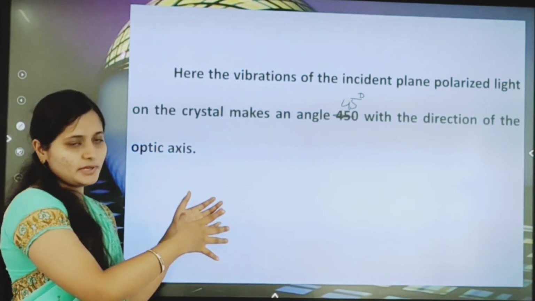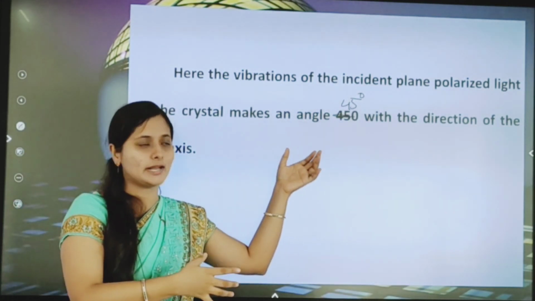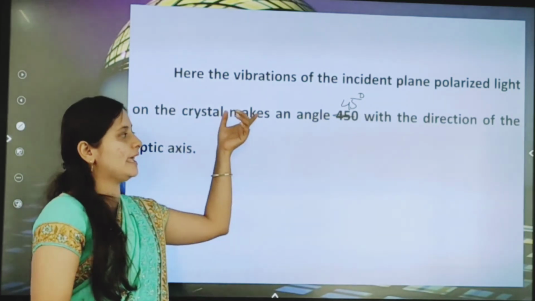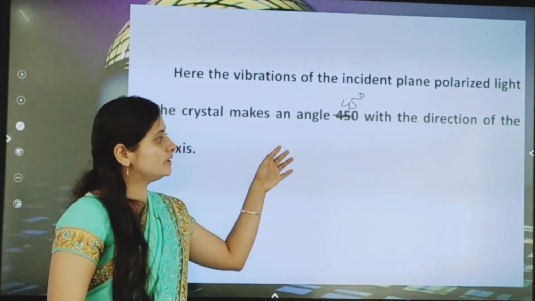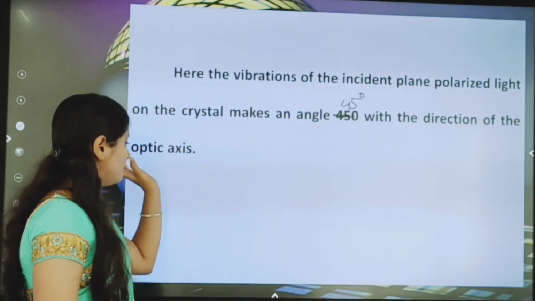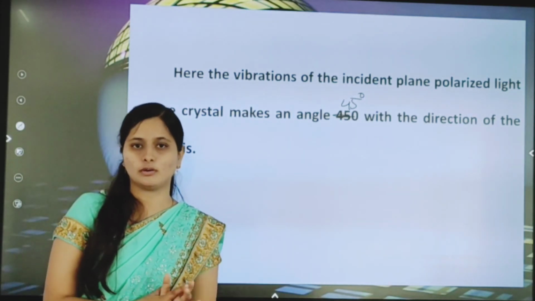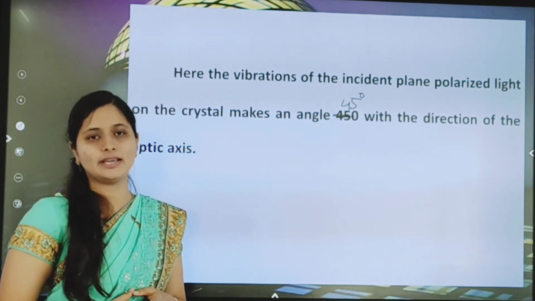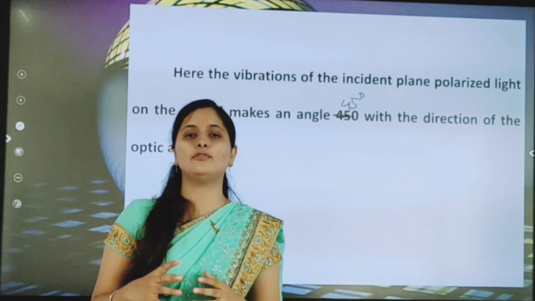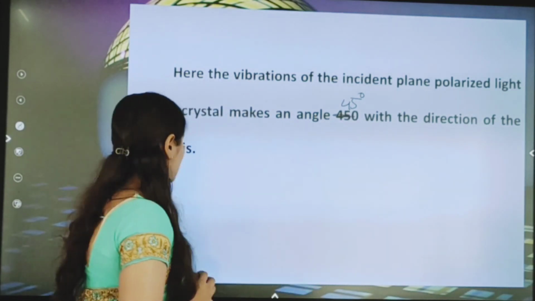So whatever the vibration is there for the incident plane polarized light, it makes an angle of 45 degrees with the direction of the optic axis. Okay, so whatever angle we are getting here, that angle is about 45 degrees.